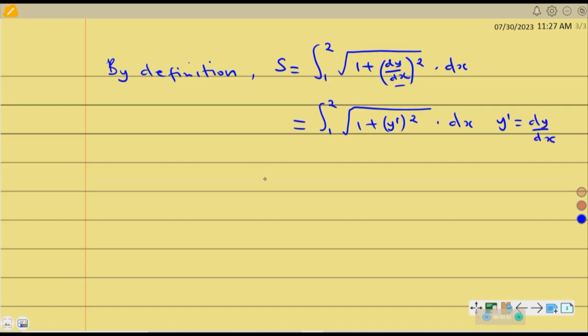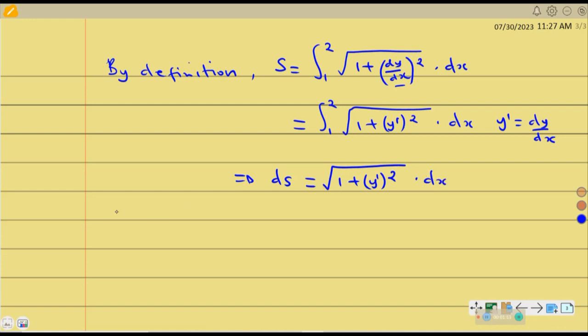Now from here this will imply that ds, when you differentiate on both sides, will simply be the square root of 1 plus y dash squared, times dx.